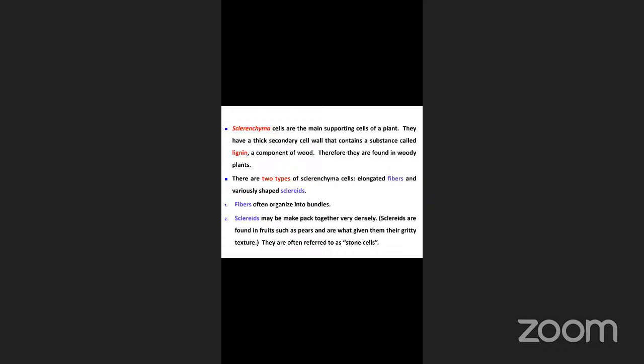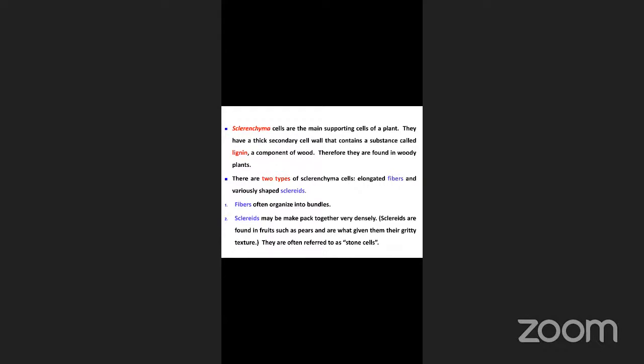Libriform fibers are longer than the tracheids with which they occur, and they have thick walls and a narrow lumen. Lumen means the empty space in the elongated fiber cell.